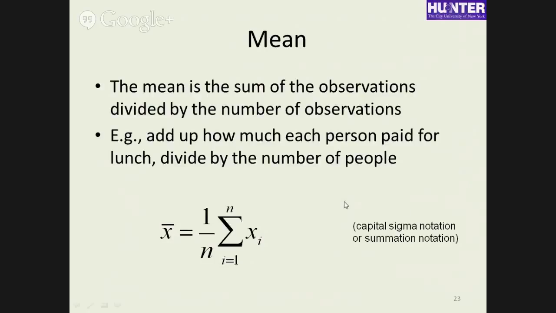So x1 might be the first record that we gathered, x2 would be the second one, etc. Up to, if n was 100, then this would be a sum of 100 different values. You just add them all up, divide by the total number.